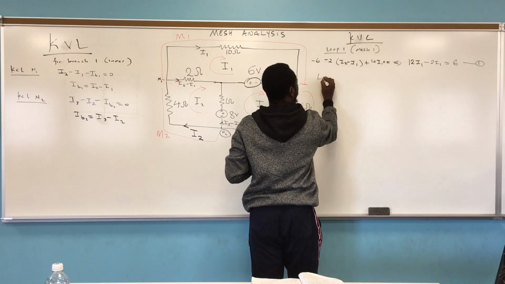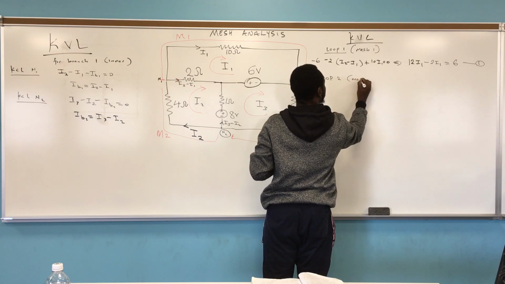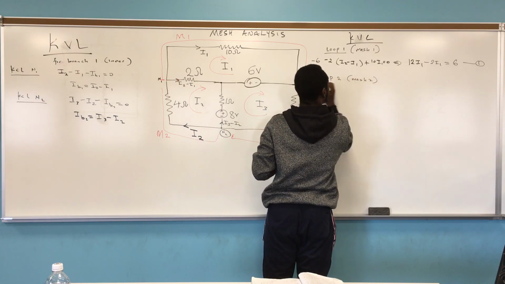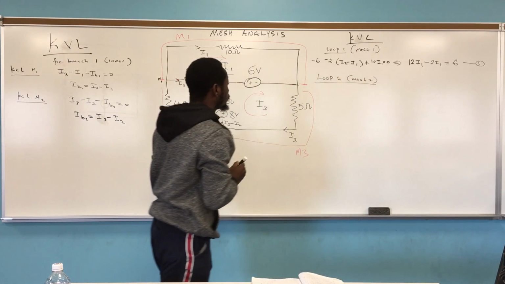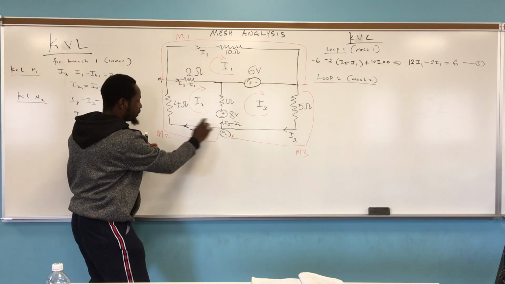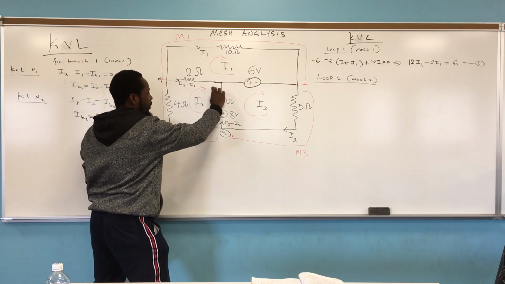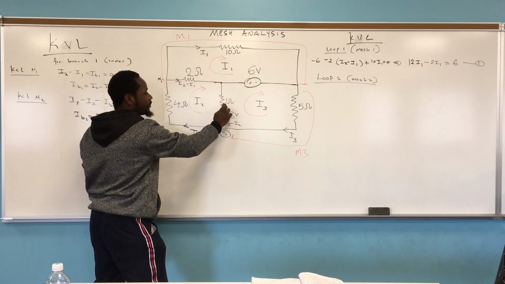So we go to loop 2, or mesh 2. Same thing. This is mesh 2, so we're going the same way, like this. So let's go this way. We hit this branch.